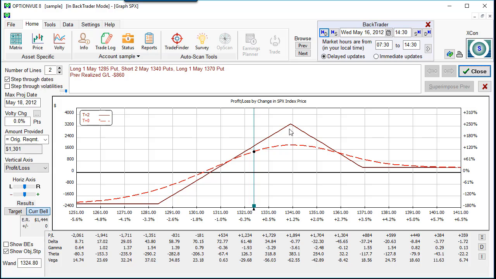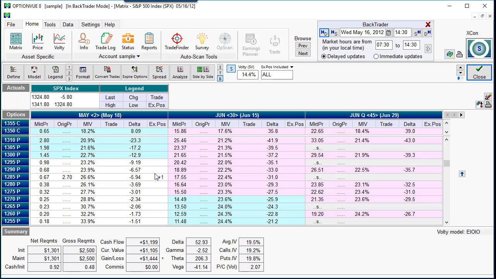You can go from $1,400 to making another 100% more on top of that, all the way up here at 3,200. Well, that comes at the cost of jeopardizing those profits. So that's what you're up against.